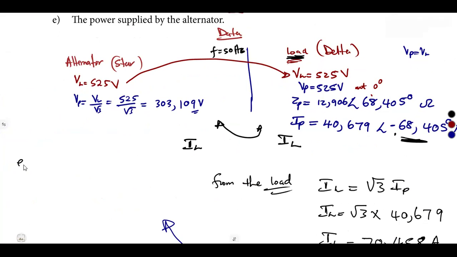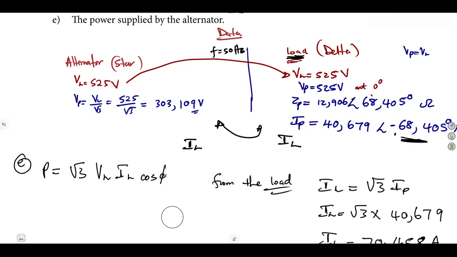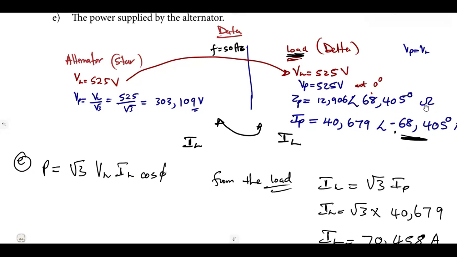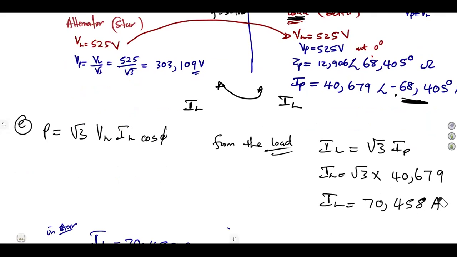So we can use any part here for the power. We can use power is equal to square root of 3 times the line voltage times the line current times our power factor. We can use this one because on the alternator, we can even use the phase values. Remember your formulas for calculating power, guys. We talked about this.